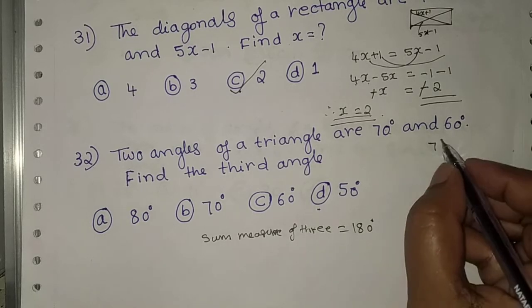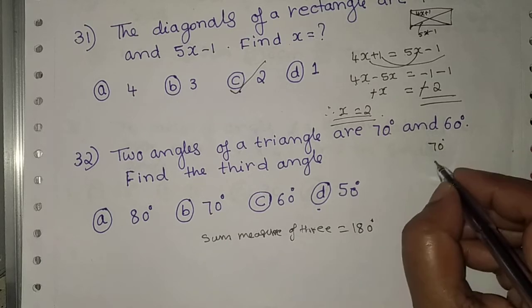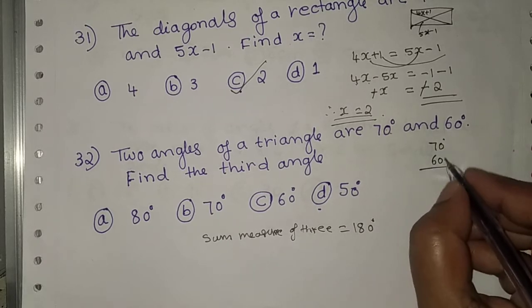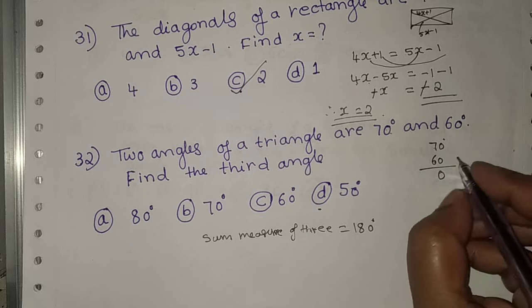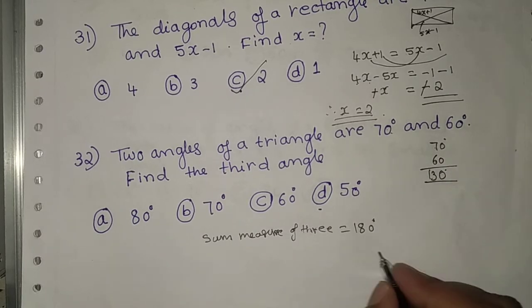Here 2 angles are given. The third angle we have to find out. So 70 degrees plus 60 degrees, how much? Adding this we get 130.